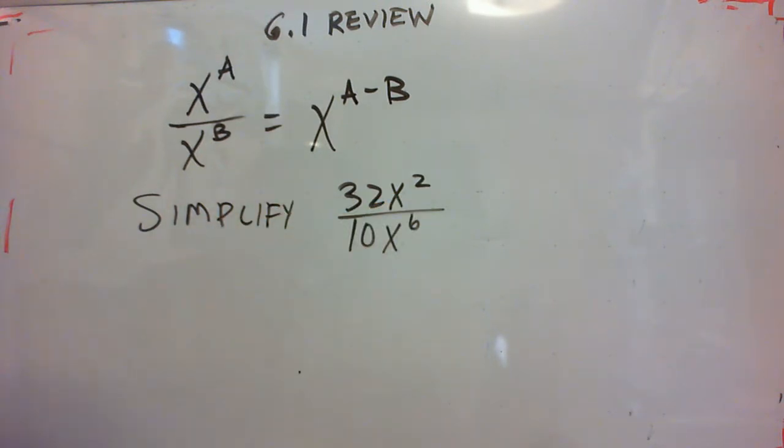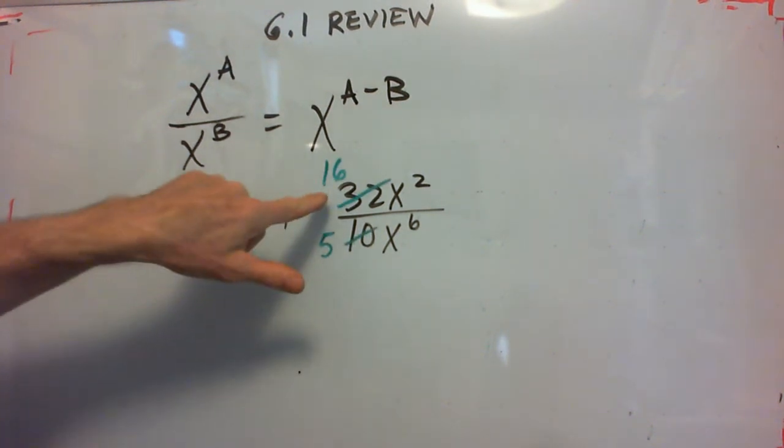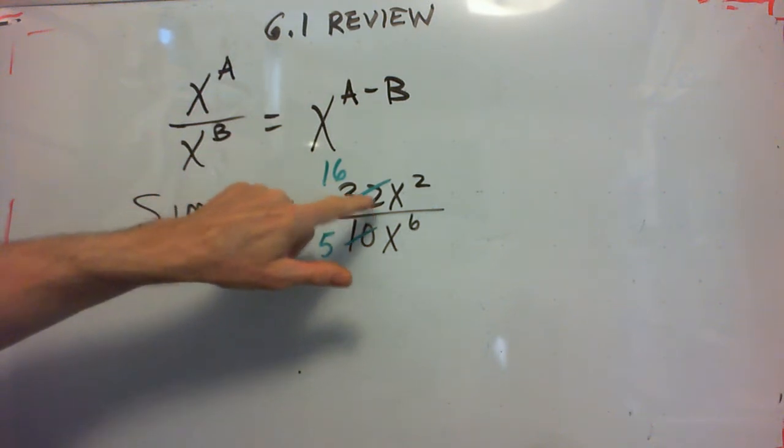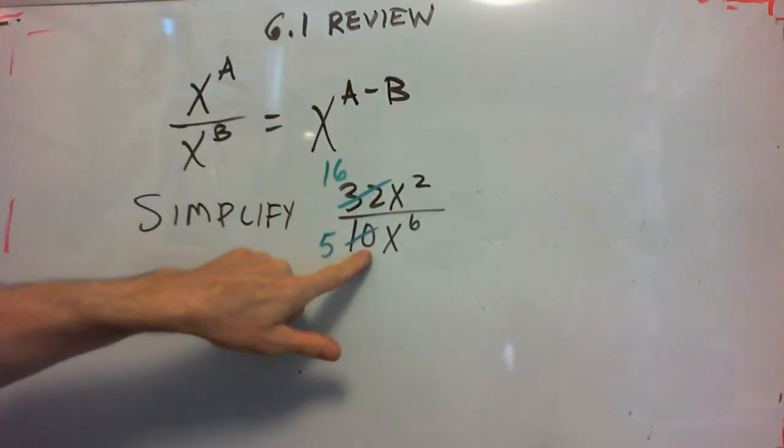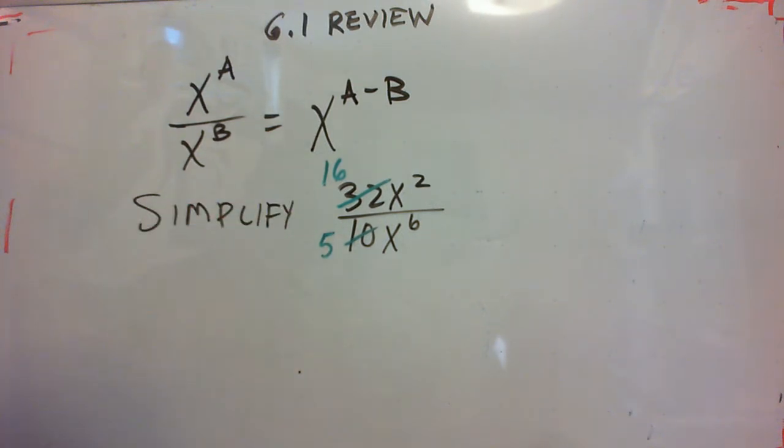Simplify 32x squared over 10x to the 6th. Well, the 32 and 10 can be simplified the way we normally simplify fractions. 32 divided by 2 is 16. 10 divided by 2 is 5. So the 32 tenths turns into 16 fifths.